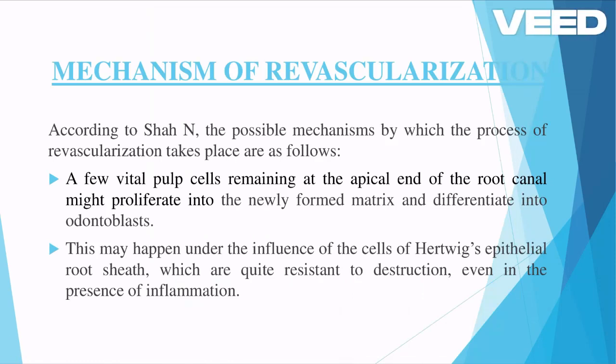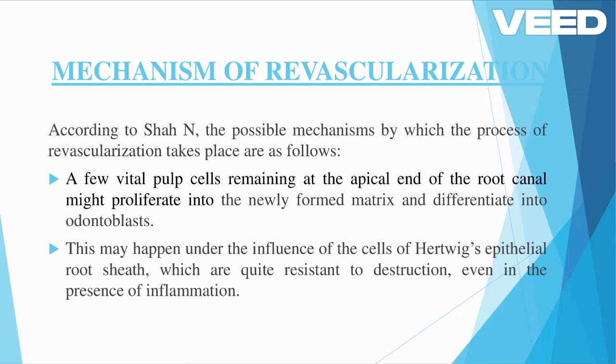Mechanism of revascularization. According to Shah, the possible mechanisms by which the process of revascularization takes place are as follows. A few vital pulp cells remaining in the apical end of the root canal might proliferate into a newly formed matrix and differentiate into odontoblasts.